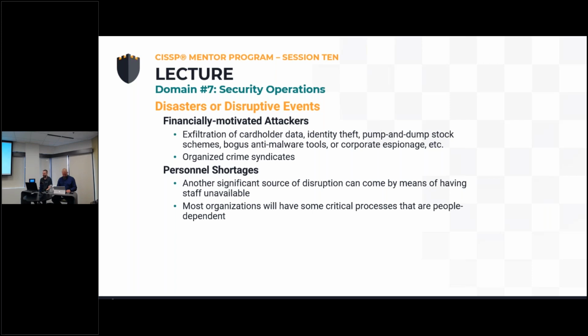Another big one to understand: personnel shortages. If we don't have enough staff to actually run things, that's a disruption. Especially now, right now we have an unemployment rate in the state of Minnesota. I just heard this on the way in, there's a certain percentage of people in any population who are just unemployable, and it's usually like 2-3%.